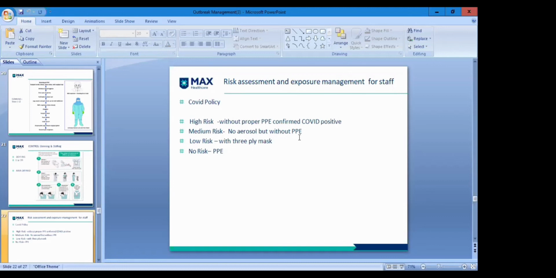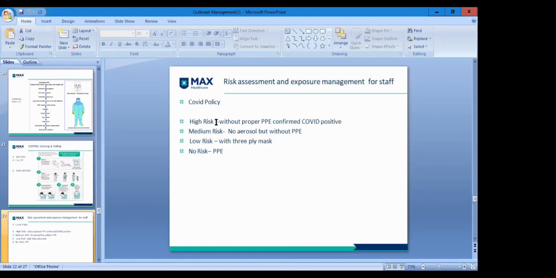In that case, we would give them leave for 1 or 2 days so that they can watch for their symptoms and then resume their duty. If the staff was not wearing PPE or came in contact with a COVID positive case without even wearing an N95 mask, that staff was defined as high risk and would be quarantined.